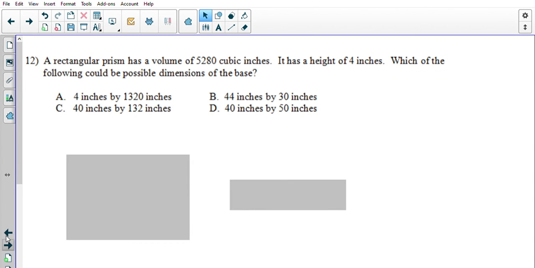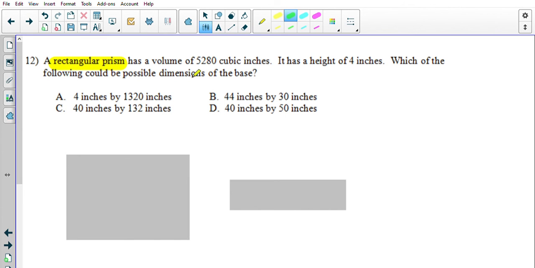Okay, one last problem is a multiple choice question. Number 12 says, a rectangular prism has a volume of 5,280 cubic inches. It has a height of 4 inches. Which of the following could be possible dimensions of the base, meaning the length and width? Once again, we know we're talking about a rectangular prism, so we're going to use that same formula.